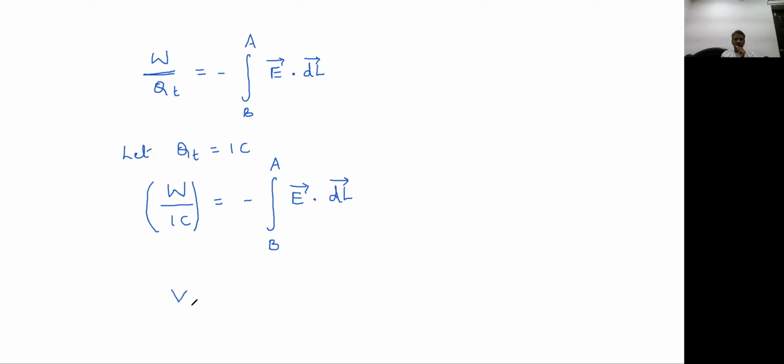And that potential difference here I'm going to denote by V_AB. See here, one thing you have to remember: this representation is of our choice. In some textbooks, they'll give it as V_AB, and in some textbooks, as V_BA. So it all depends on how we represent. V_AB or V_BA is purely our representation.